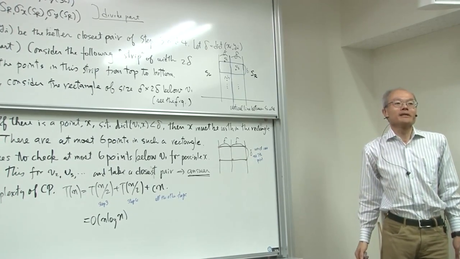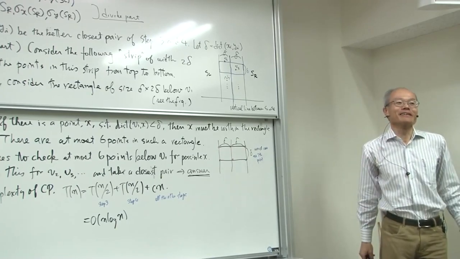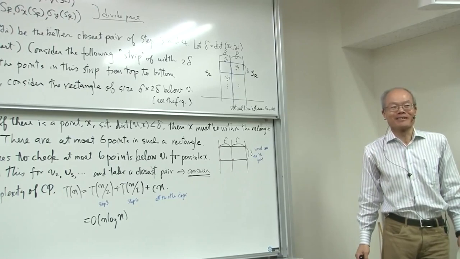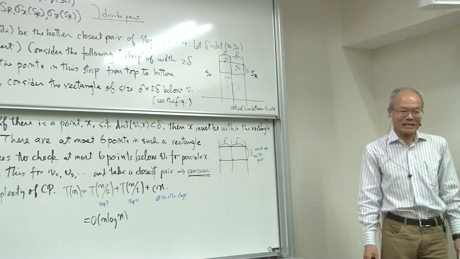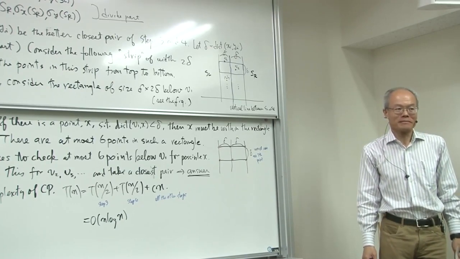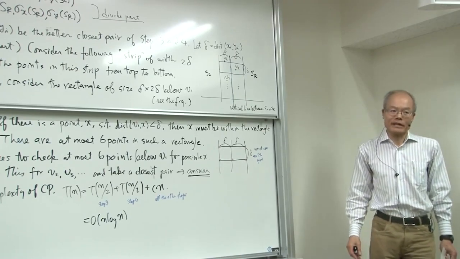You need to put things together to get the right answer. That is exactly step 6. That is what we call the conquer part. Good. Now we are done with divide and conquer.